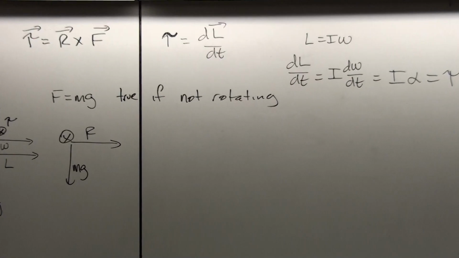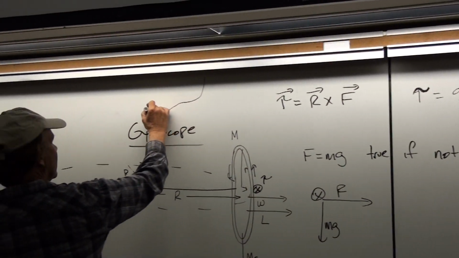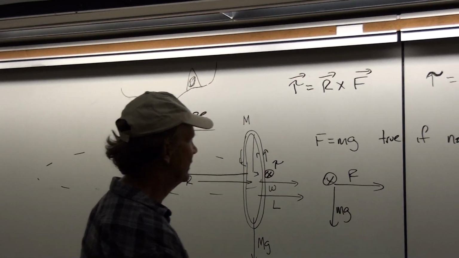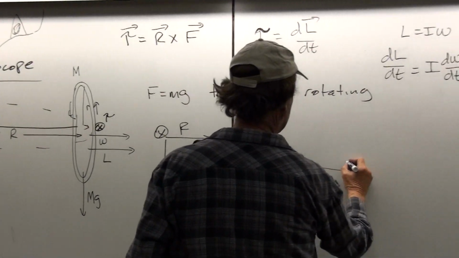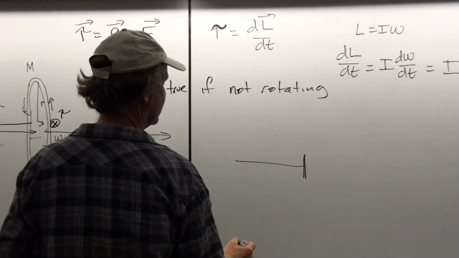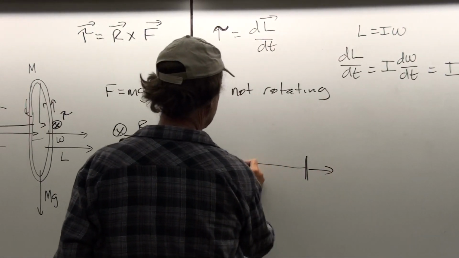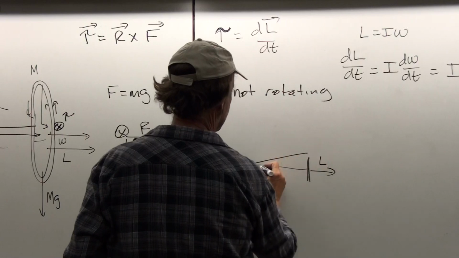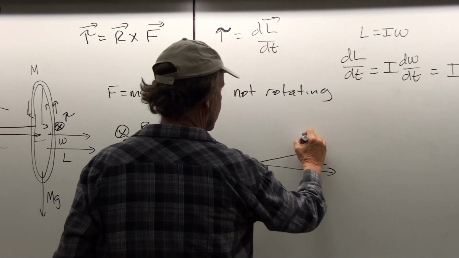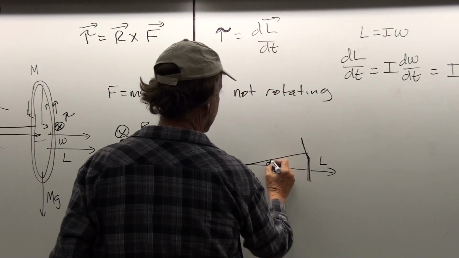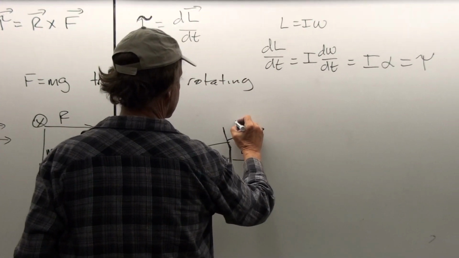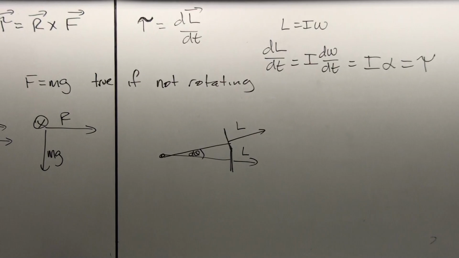So now if we look at this thing from a top view, looking down on this thing, then this thing is going to be in this position, let's say at time equals 0. Here's going to be the angular momentum pointing away. And then at some very small time later, it's going to have moved a little distance d theta, and now L is going to be pointed in that direction.